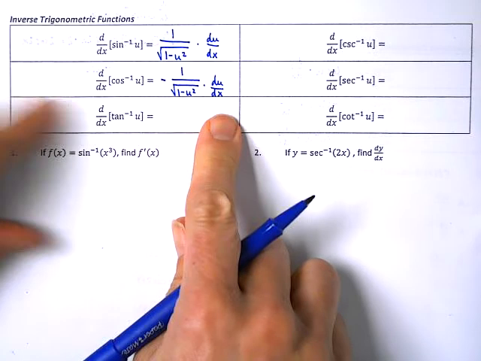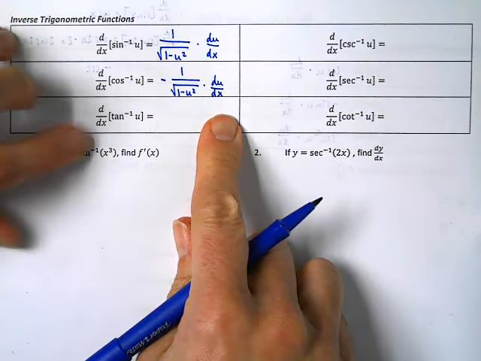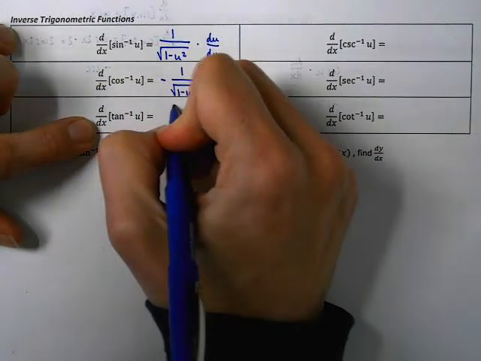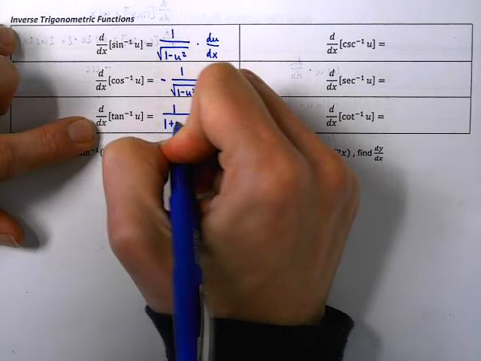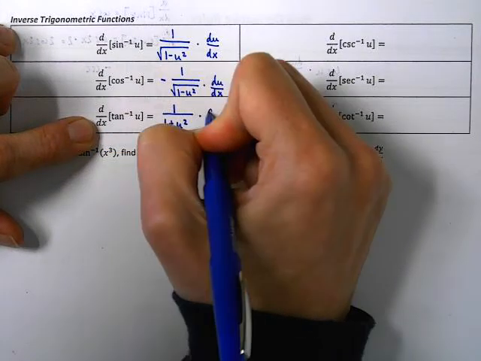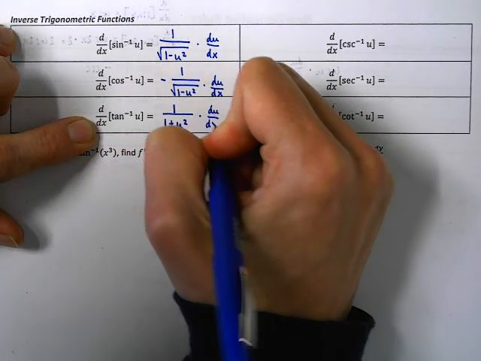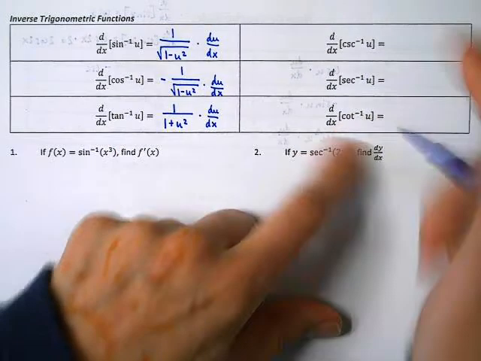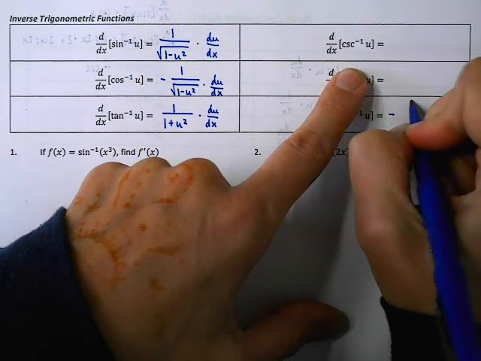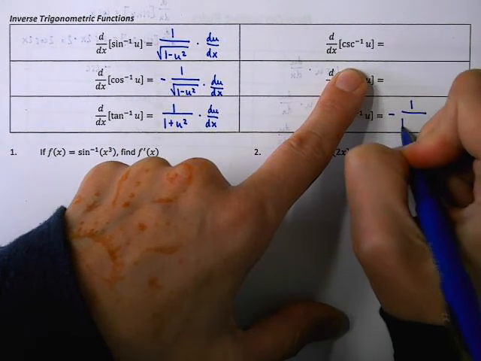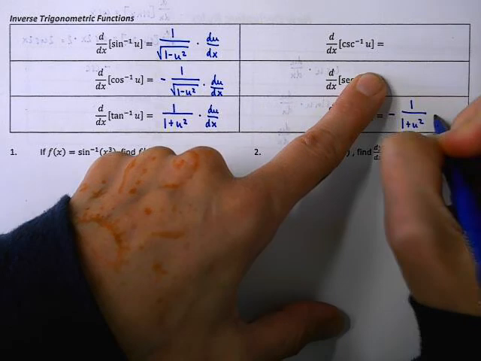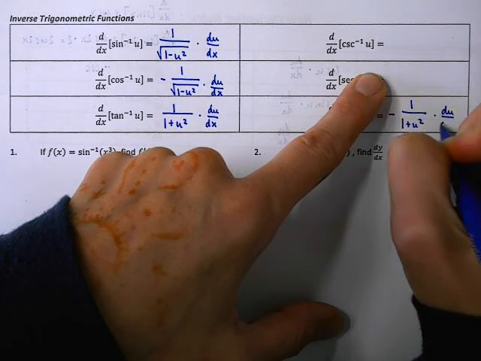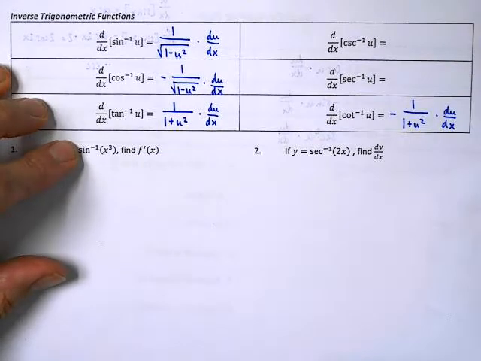Derivative of my inverse tangent is just 1 over 1 plus u squared times the derivative if there's chain rule. And again, my cosine here is just the opposite. Nothing changes except the sign. So 1 over 1 plus u squared times du dx.